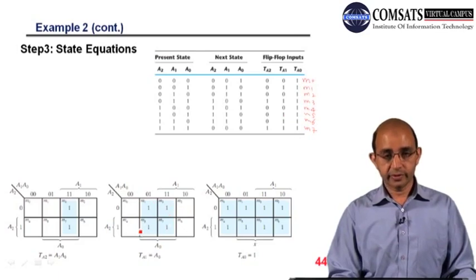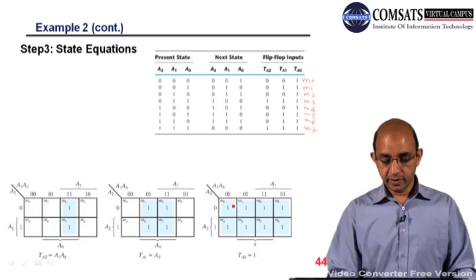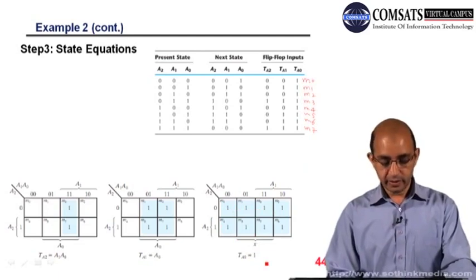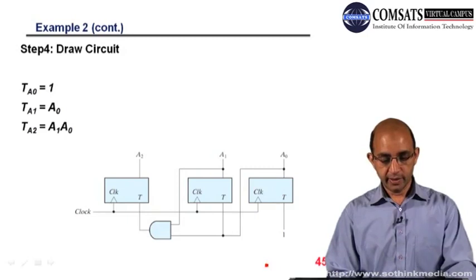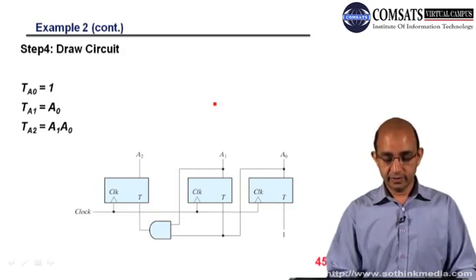As a result of this grouping, or a square, we have A0 for TA0, we have all ones. So we are left with a quad, 1 2 3 4, and this is a quad. So we are having 1, and this is the circuitry.